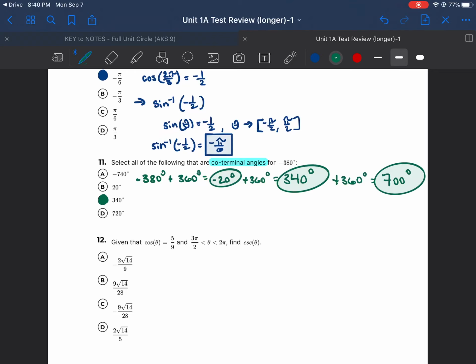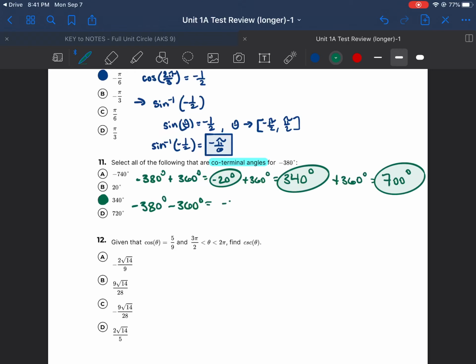So now let's try subtracting 360 degrees from our original angle. So now we have negative 380 degrees, that's what we started with. And now we're going to start subtracting increments of 360. So negative 380 minus 360. Let's pull up our calculator here. Okay, negative 380 minus 360.